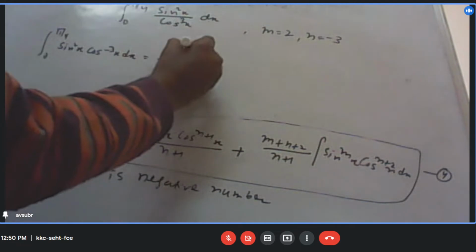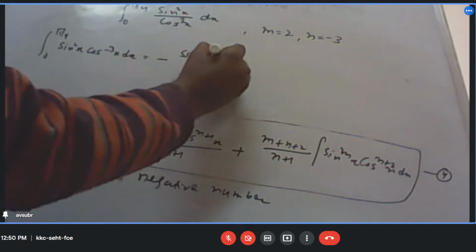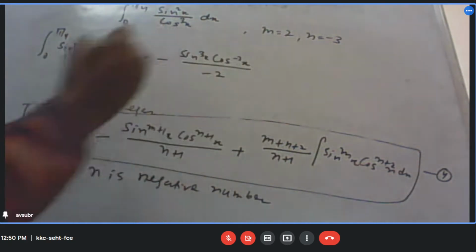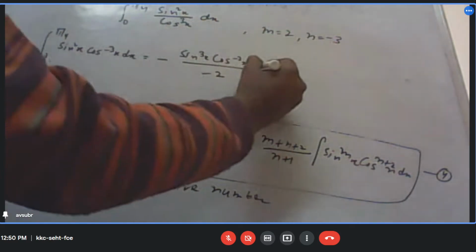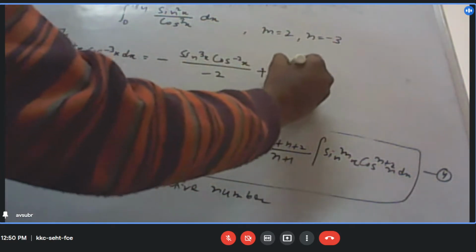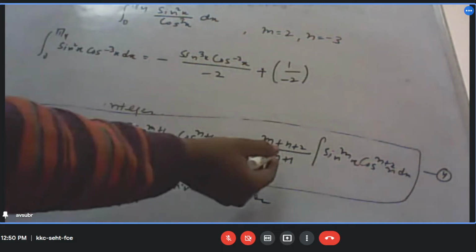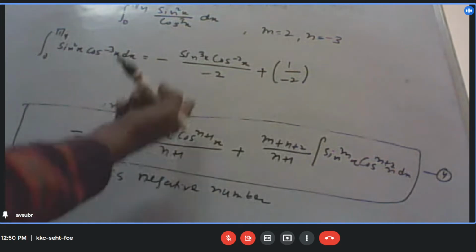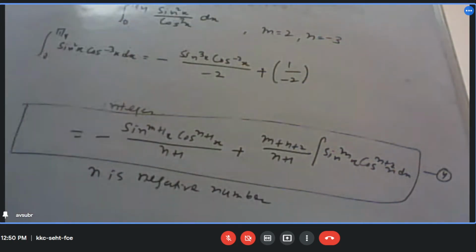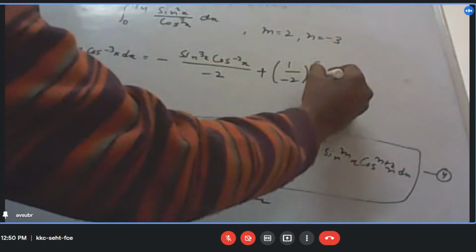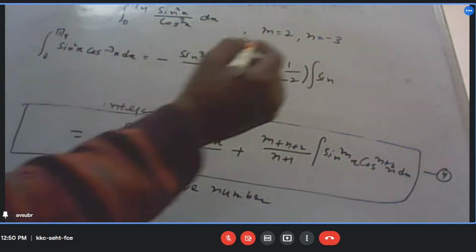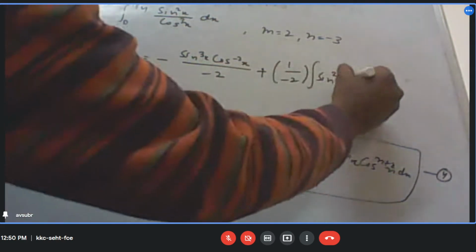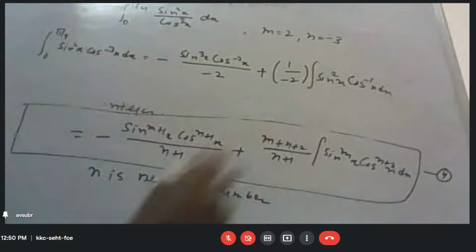Now this will become minus sine cube x cos to the power -2 x by -2, plus 1 by -2. n is -3, so -3 plus 1 into the integral of sine to the power m x, meaning sine square, and cos to the power -1 x dx.